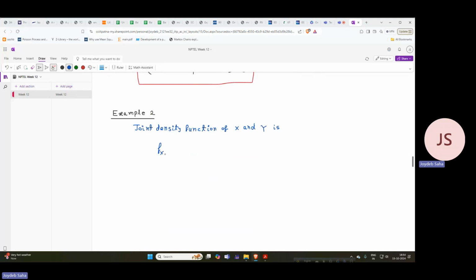Small f of xy is given by b multiplied with x square plus 4y square.